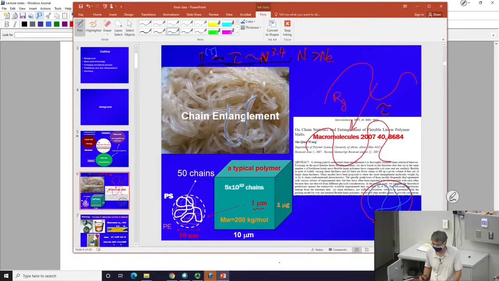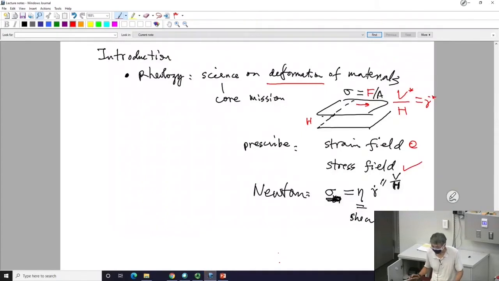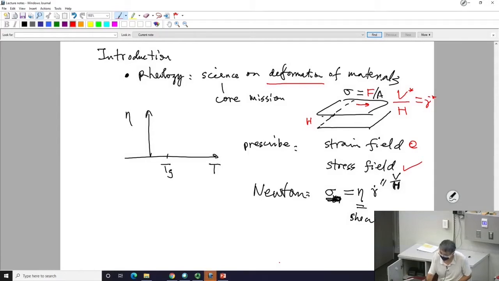For example, the temperature dependence of viscosity is such that when the temperature approaches the so-called glass transition temperature, the viscosity just diverges.